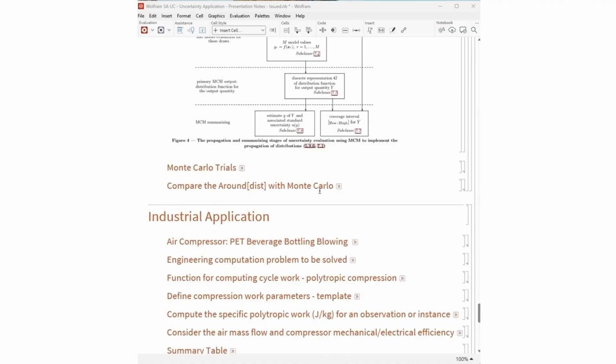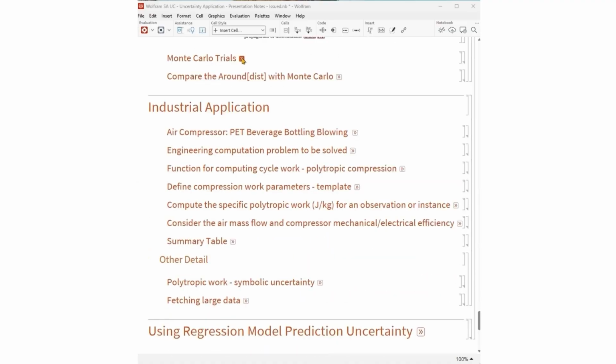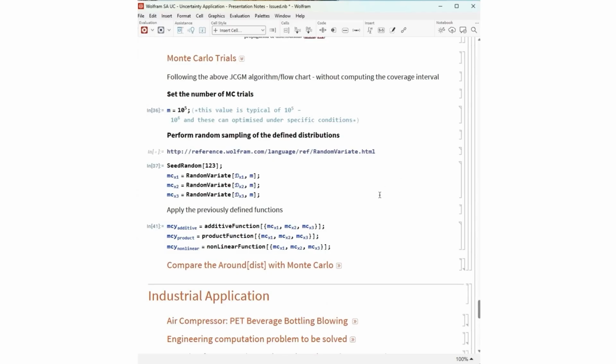We can now set up the Monte Carlo trials using the above algorithm. Typically, there's 100,000 trials, but you could also have anywhere between 100,000 and 1 million trials, and these can be optimized depending on the problem at hand.